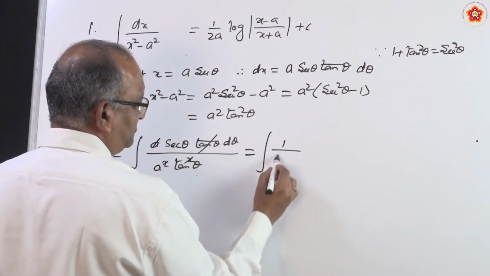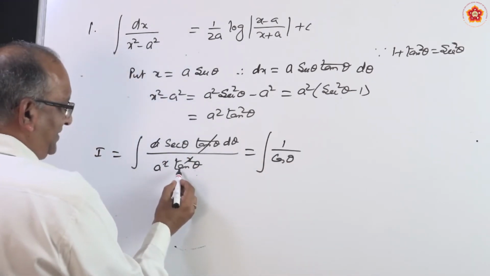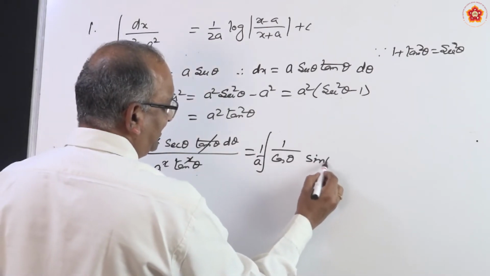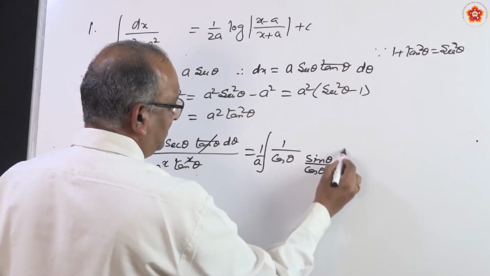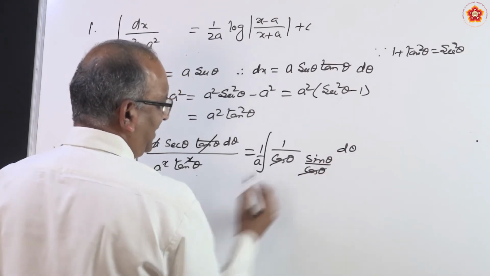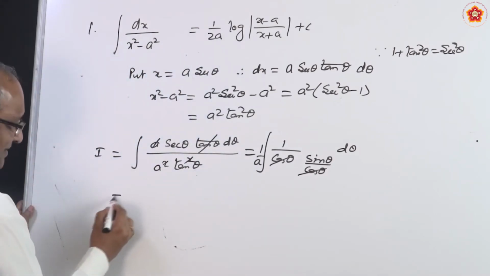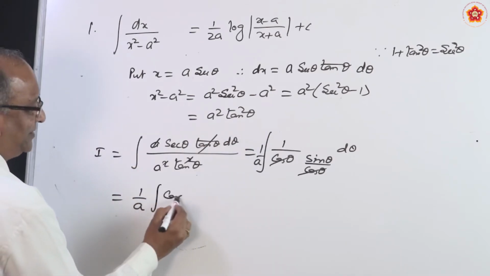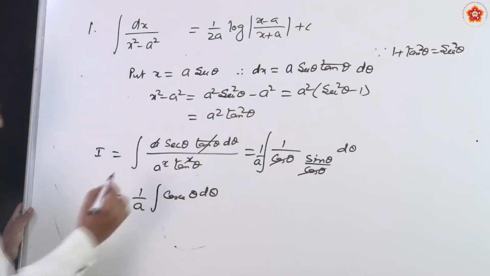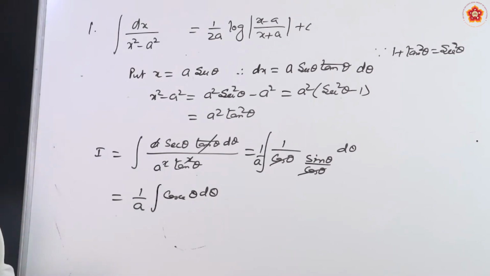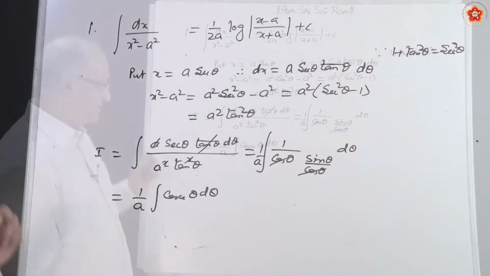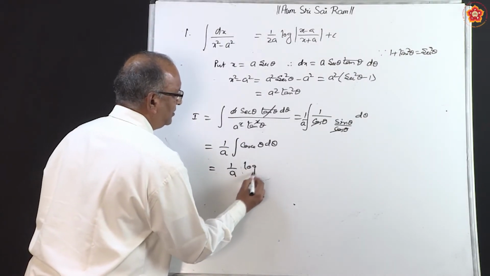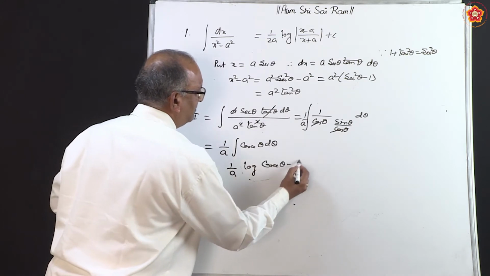Sec theta can be written as 1 by cos theta, and 1 by a can be put outside, and tan theta can be written as sin theta by cos theta. So, this cos theta can be cancelled. So, the integral changes into 1 by a, integral of 1 by sin theta, which is nothing but cosec theta. And you know the formula for cosec theta, we have learnt in the previous session. So, this can be written as 1 by a log of cosec theta minus cot theta.